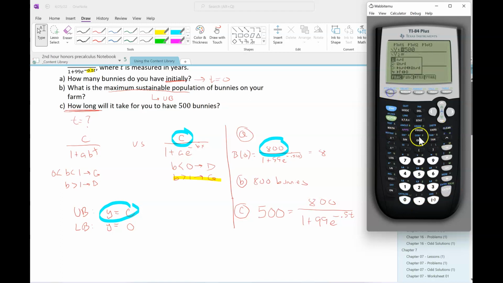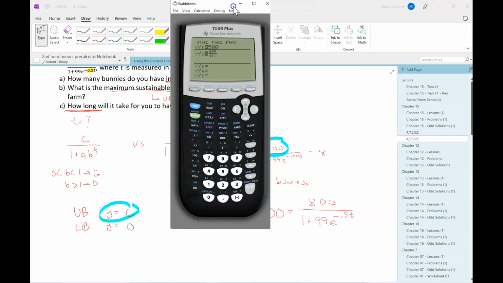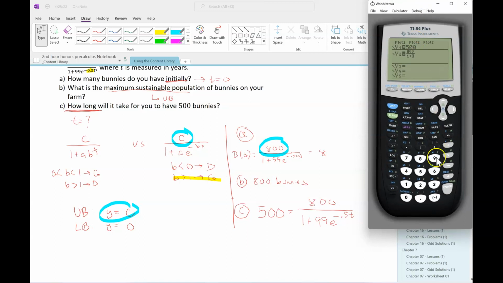I'm going to use the fraction command here because I don't want to muck around with all the parentheses I would need to make sure everything is in the fraction the way I want it. I can just use that fraction command and type it the way it looks on my sheet of paper, which is lovely.